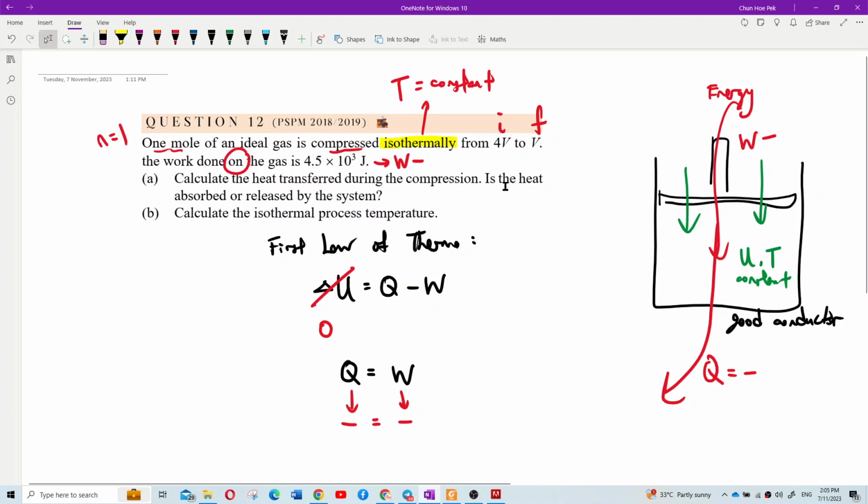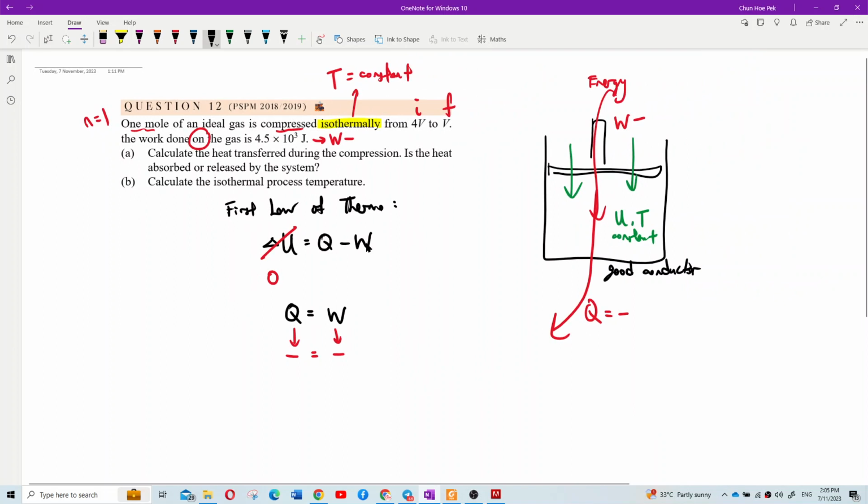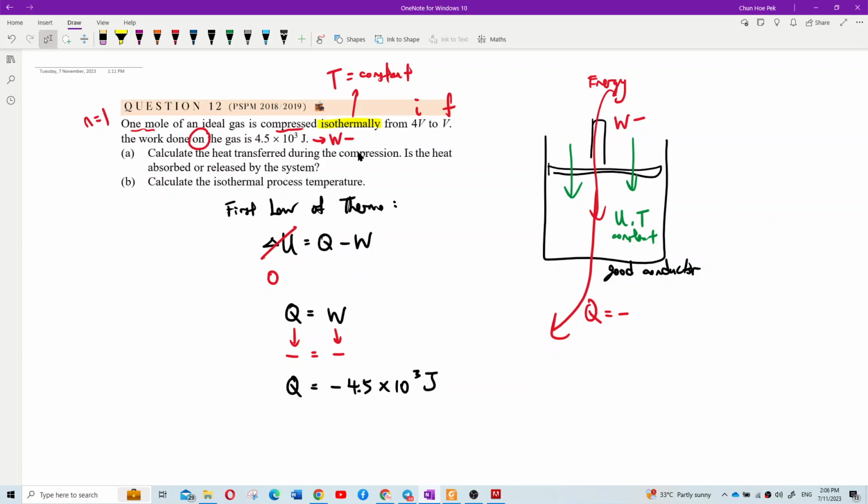Okay, wait. Question A. Calculate the heat transfer during the compression. Is the heat absorbed or released by the gas, by the system? Heat released. Correct or not? So Q equals, because of compression, work done on gas is negative, negative 4.5 exponent 3 joule.